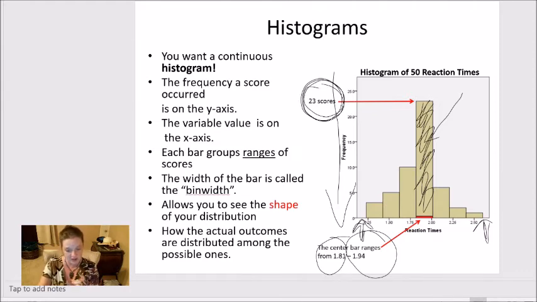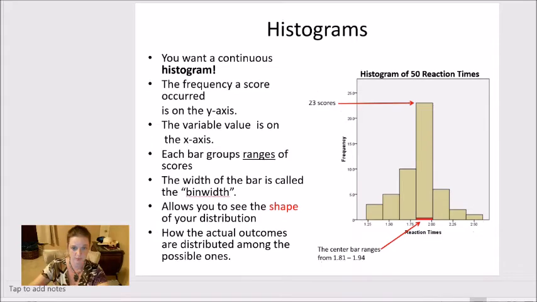And so that is a range of, let's see if I can eyeball that range, looks like 0.13 seconds, right? And so then each one of these bins would have a range of 0.13 seconds. All of your ranges have to be the same for all of your rectangular bars that we call bins.